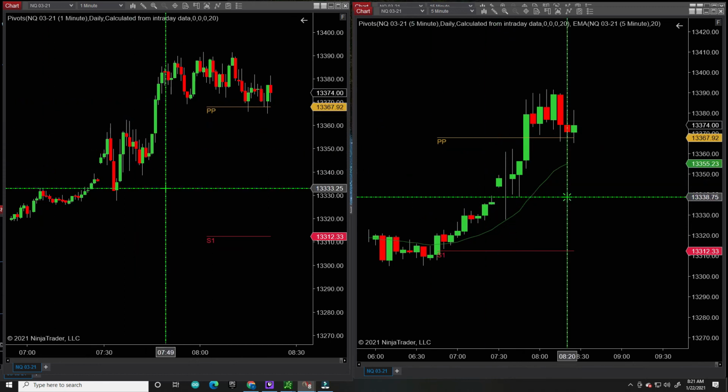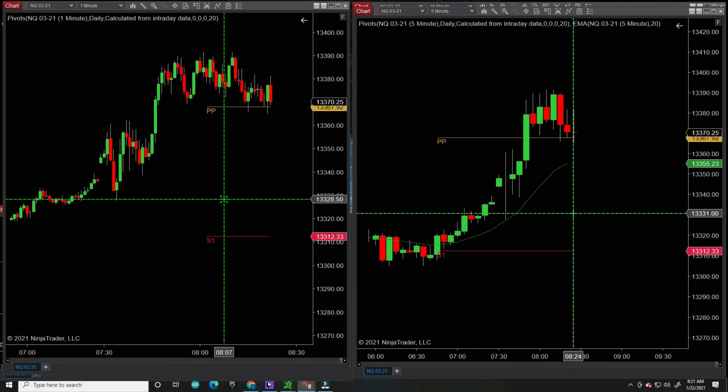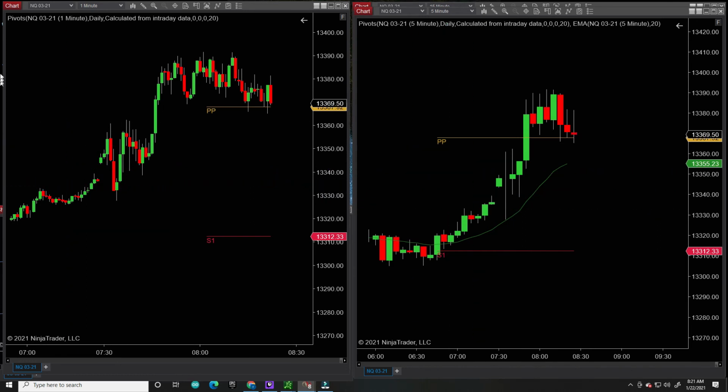But I don't want to buy up here on an hourly chart. Not doing that. Something could just sit here and do nothing, but it could break at any moment.